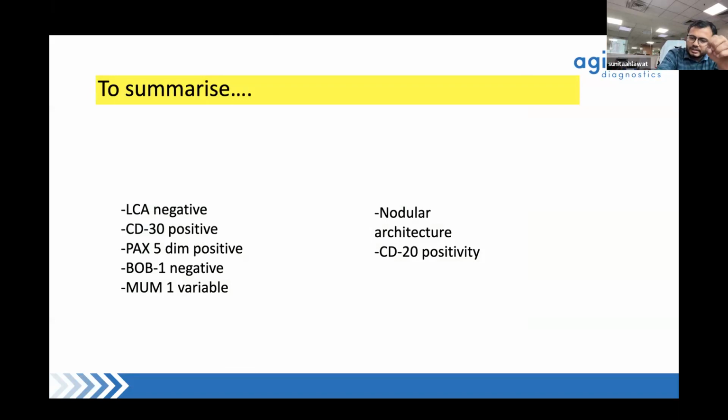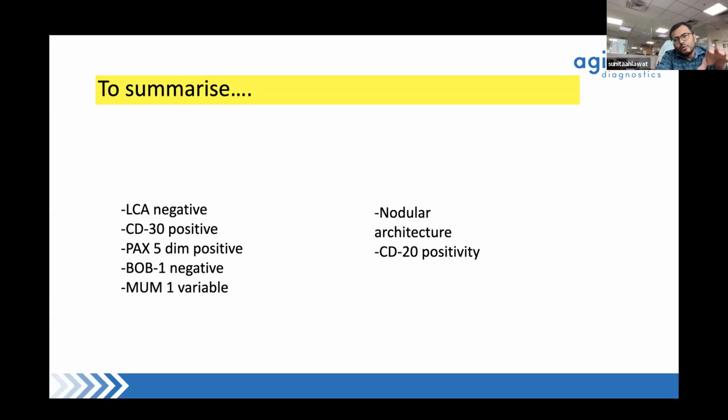So here the thing is the architecture or the morphology. The DD is always confusing. It can be NLPHL or classical Hodgkin lymphoma, but the IHC profile shows that in classical Hodgkin lymphoma, the programming of the B lymphocytes most of the time gets lost.